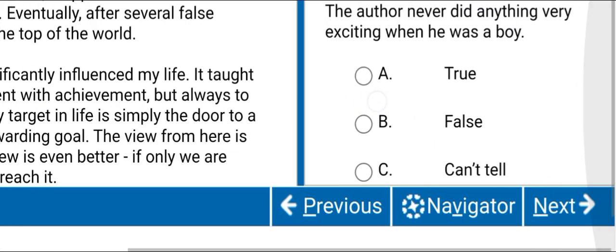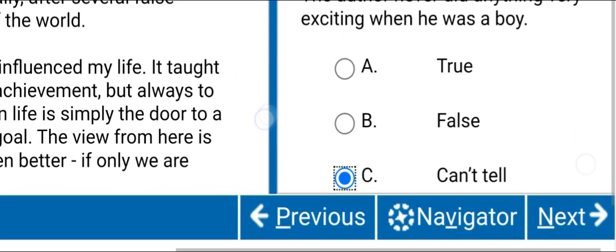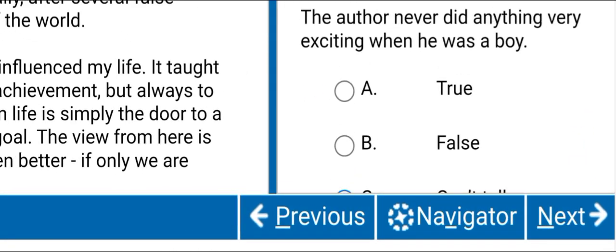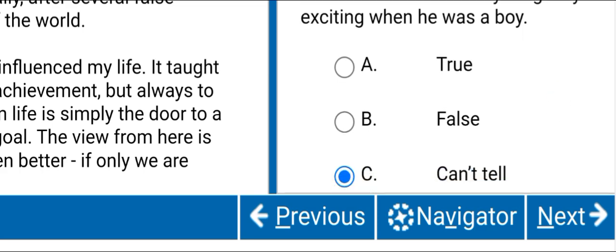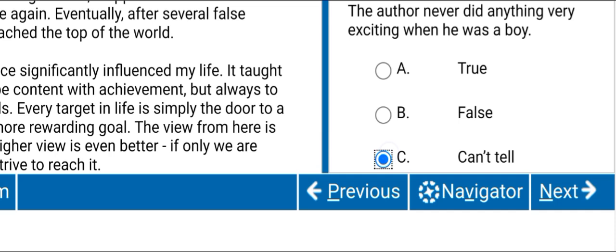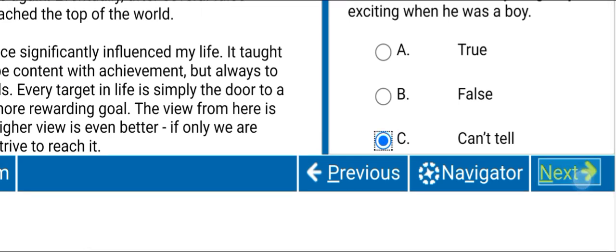So option C, which says can't tell, is the correct option, as it is never mentioned in the passages given.